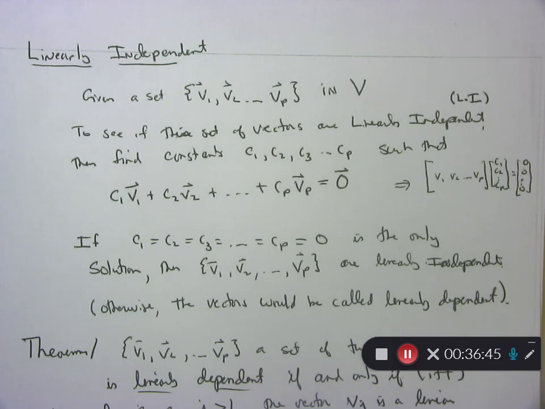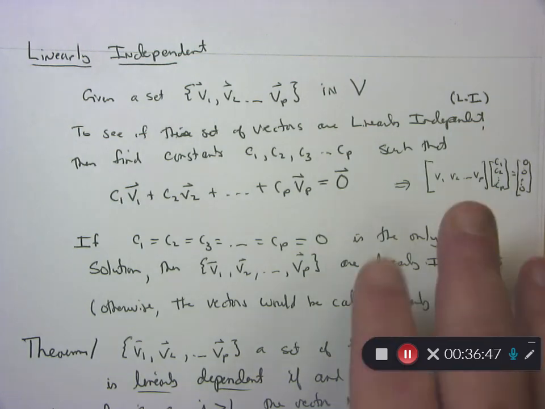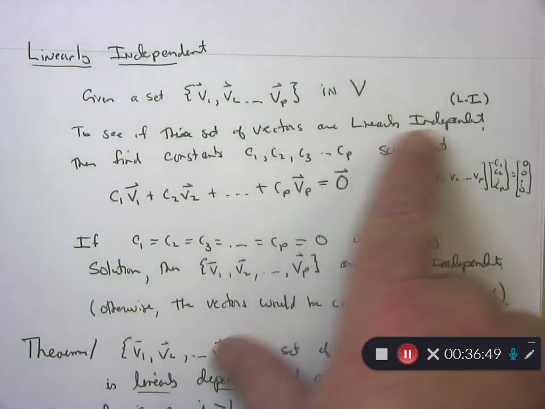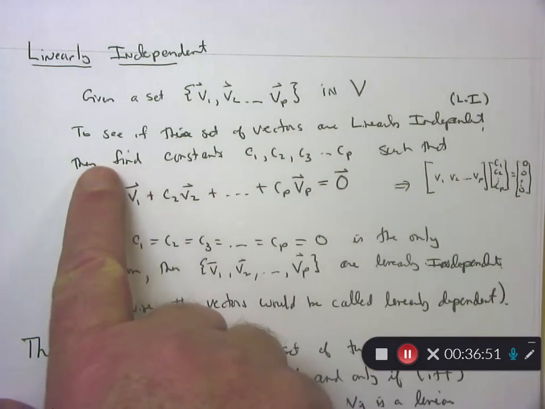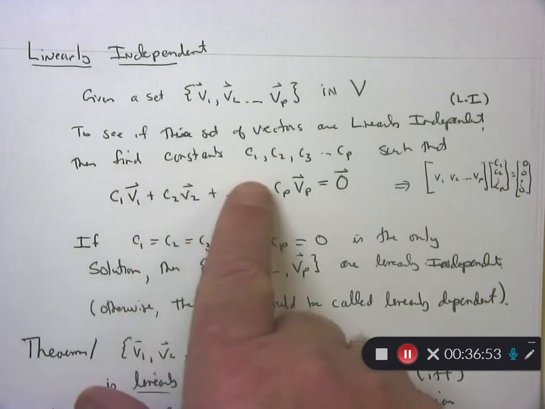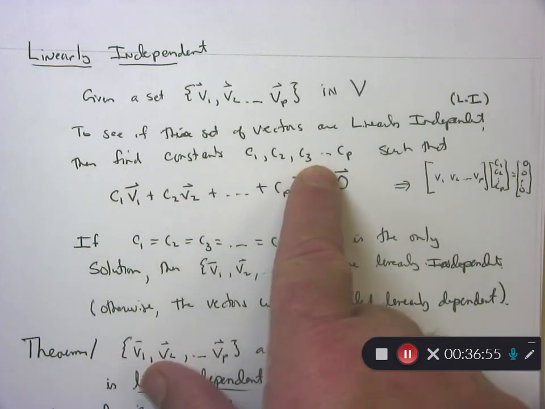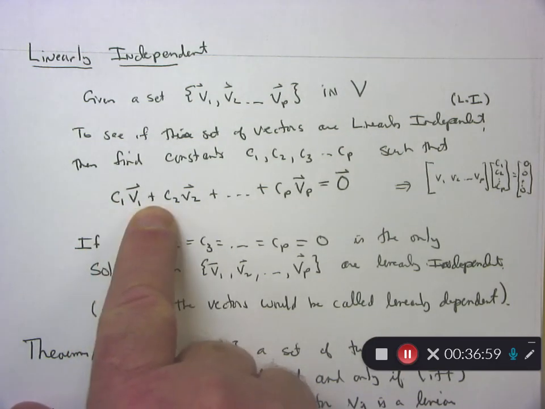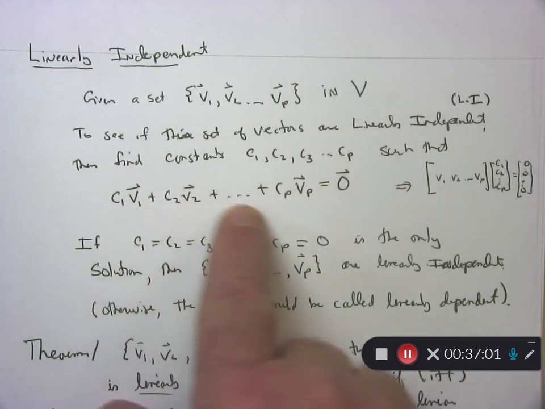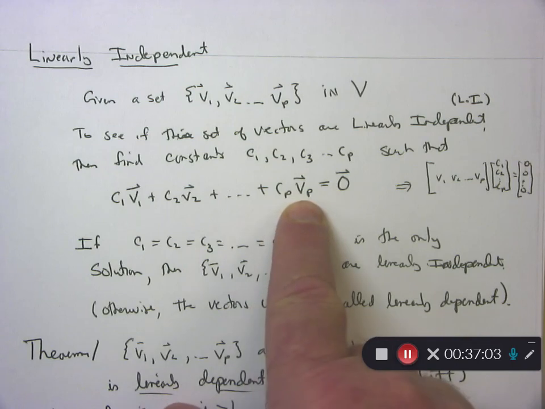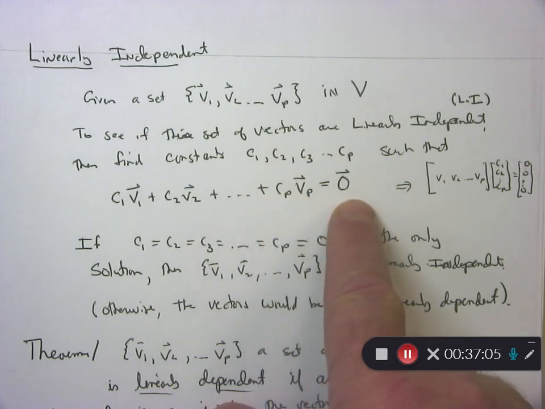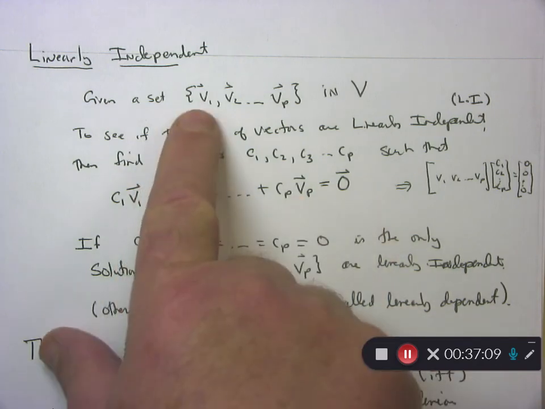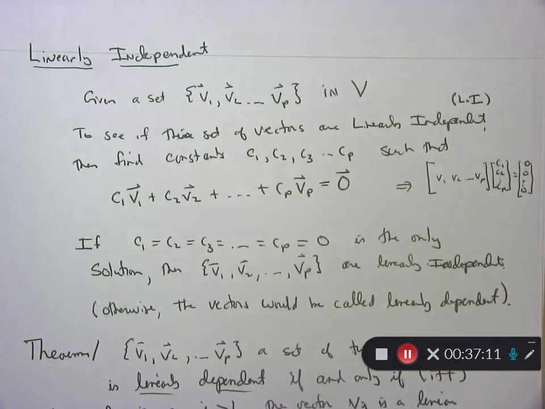So with that concept, here's the deal. To see if they're linearly independent, what we want to do is find constants C1, C2, C3, ..., CP such that C1 times vector V1 plus C2 times vector V2 plus ... plus CP times vector VP is equal to 0. Now, here's the big deal. If these vectors V1 through VP are linearly independent, there is only one answer.